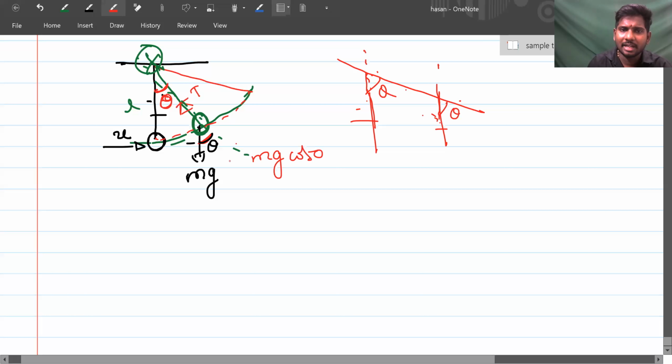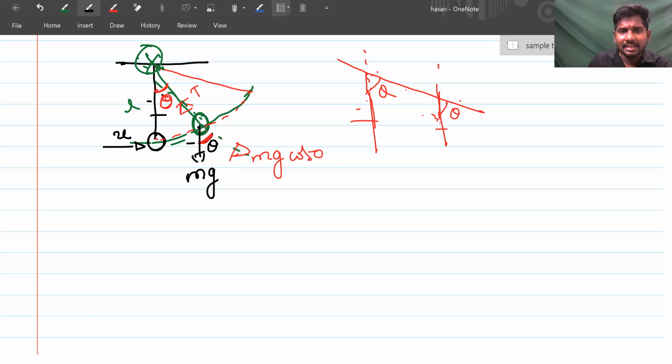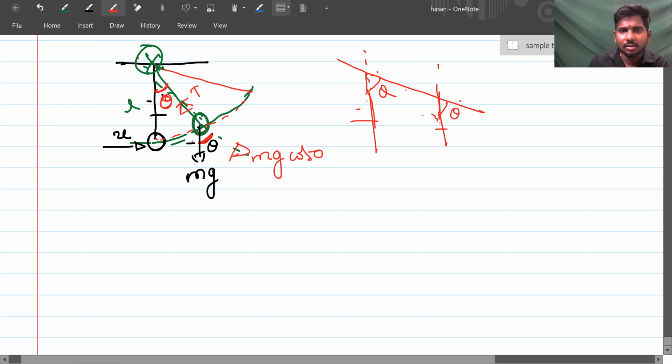I am resolving it along the string. Sir, I didn't understand, sir. If you resolve the vector into two components, this will become r cos theta, the horizontal component, and this will become r sin theta. You know this?